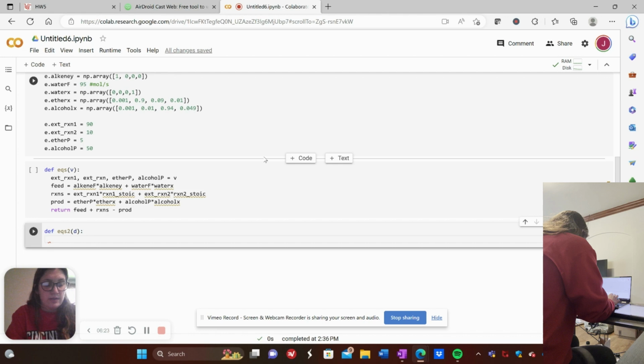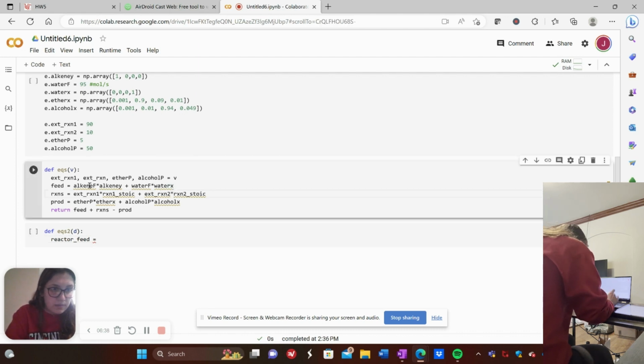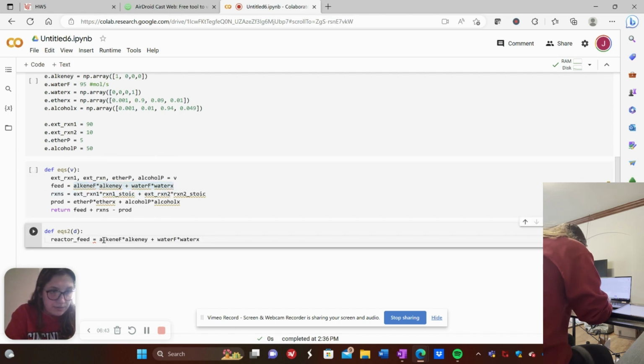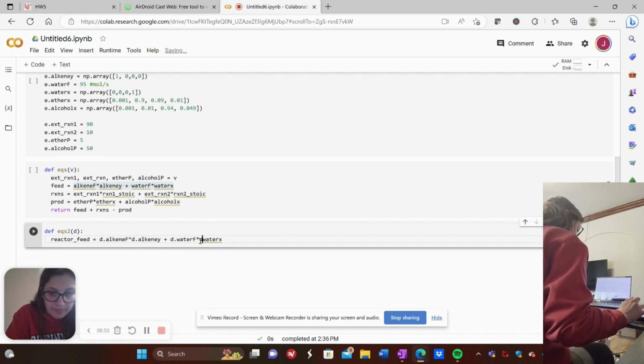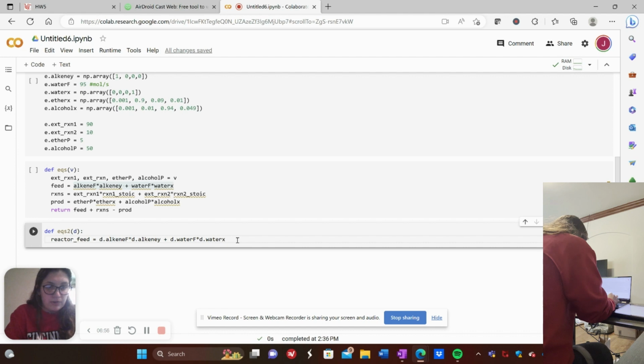And so what we want to do is write out our equations. So if we start with our reactor, we have our reactor feed. And so the reactor feed is the same as it was for Part B, so we can just steal those. So we have to put D dot in front of these to make it a part of our new dictionary. And then these are now not the only feeds that are going into the reactor.